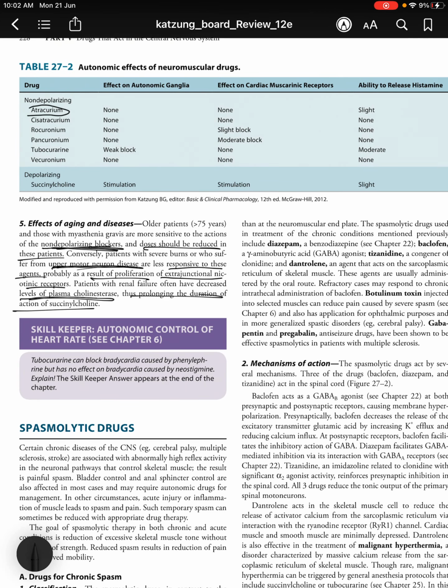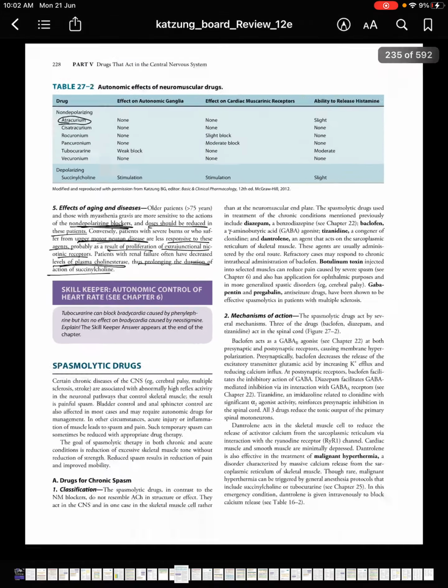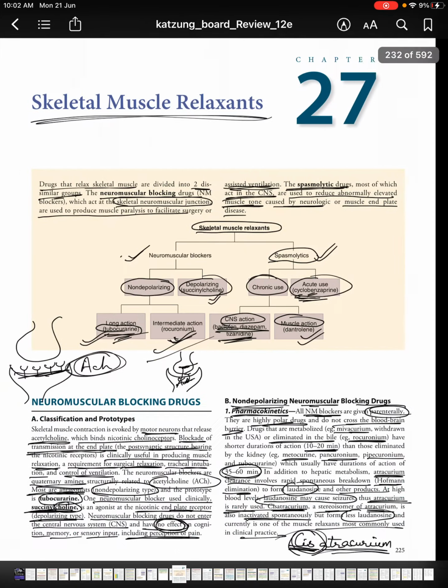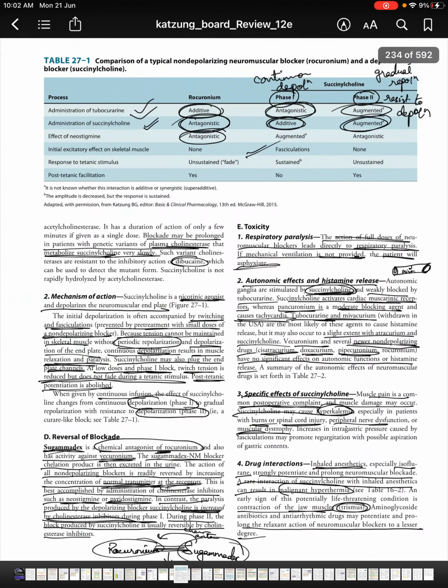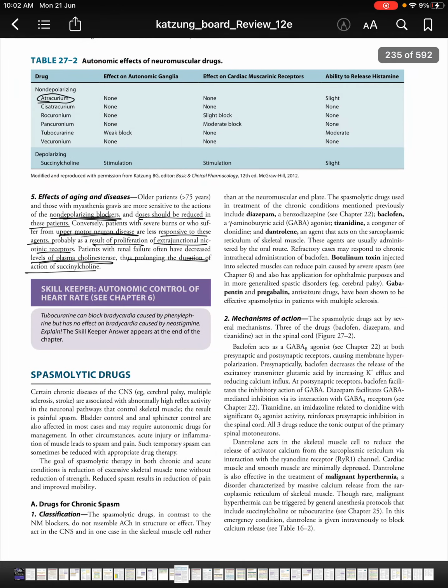Okay, so non-depolarizing drugs, atracurium, it is very safe, but if it produces excessive levels of the hepatic metabolite, what was the name again? Laudanosine.